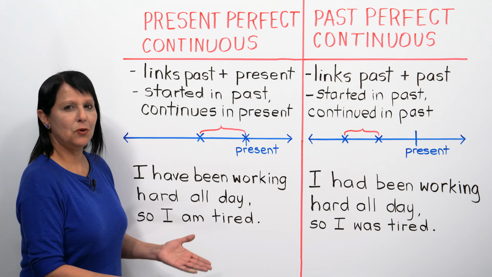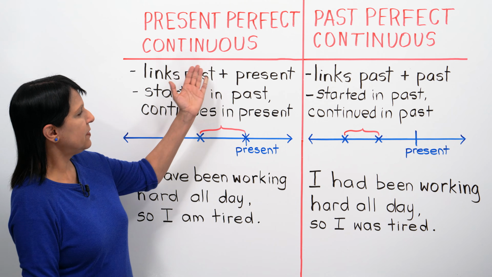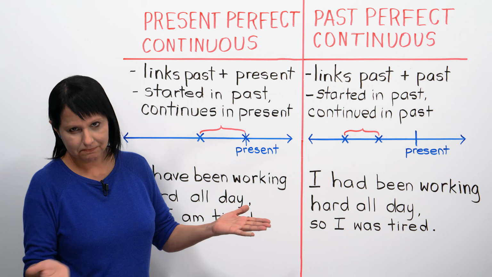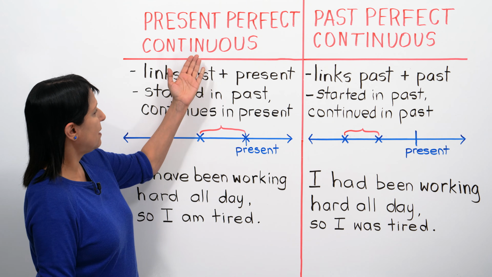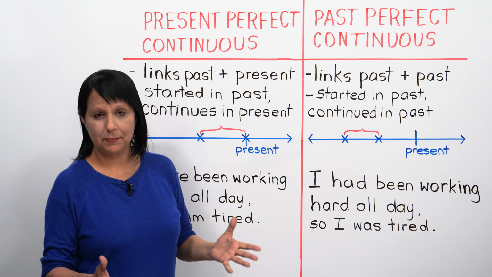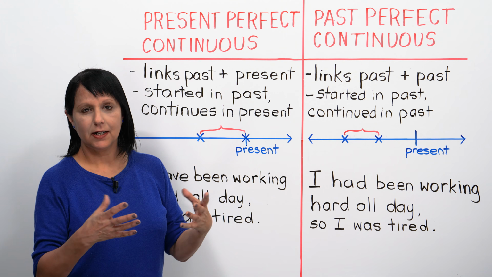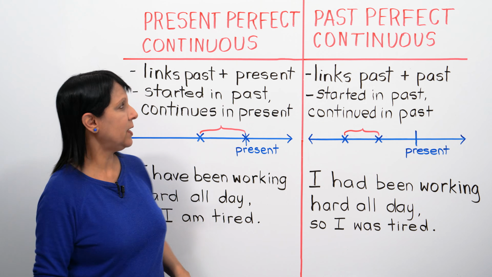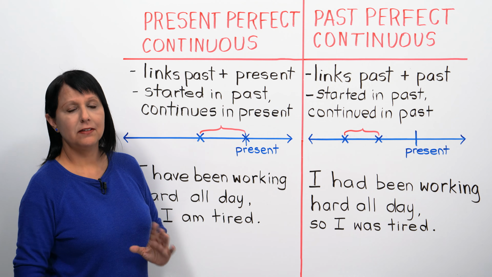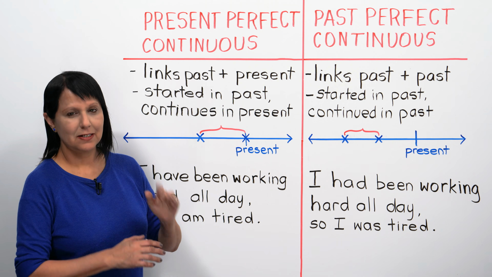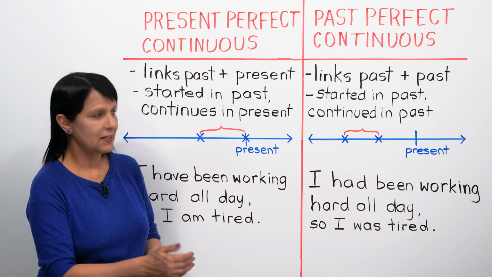All right, so what do we see about these two tenses? First, they are similar in some ways. For example, both of them have the word continuous in them, which means they are talking about some action that continues, okay? And they're both talking about two different times, but in different ways.